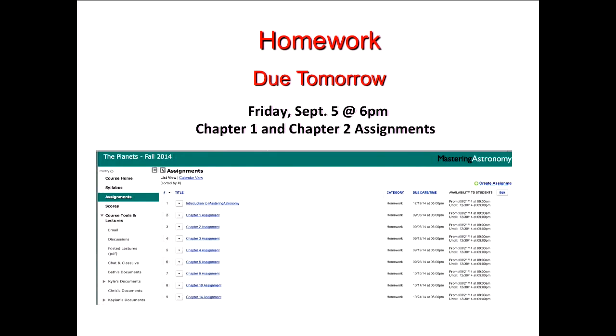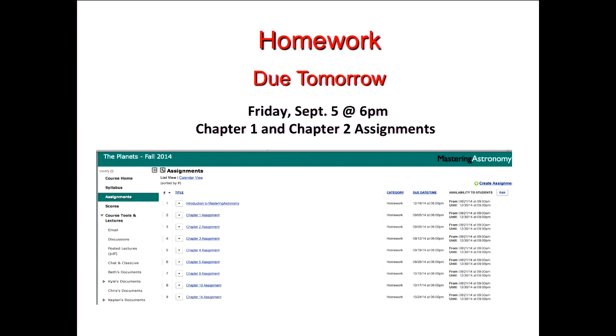I'm pretty sure you can get into Mastering Astronomy temporarily for a few more days without actually having an access code, and that may allow you to register and do the homework. But after that, then you do have to have the access code. So the homework assignment is due for chapters 1 and 2 tomorrow, as you see over here, September 5th at 6 p.m.